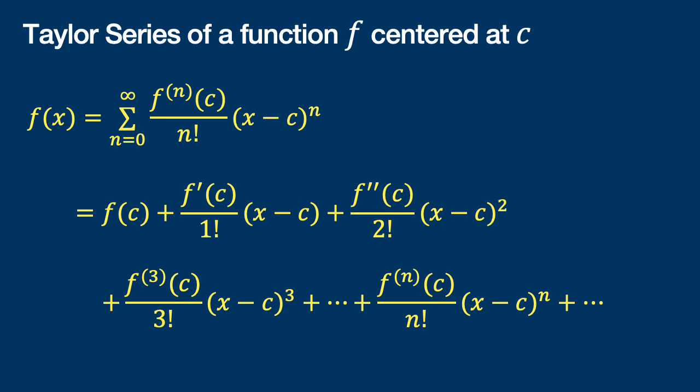This power series, the Taylor series, is an infinite sum of polynomial terms. How are we going to use a Taylor series? This is an infinite sum, so we cannot use this infinite sum of powers directly.